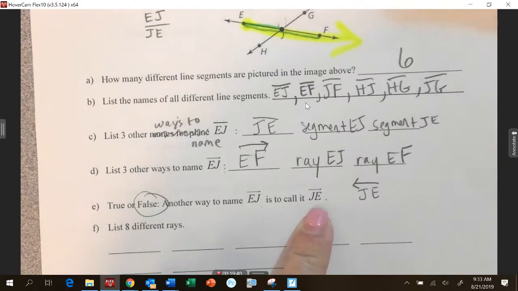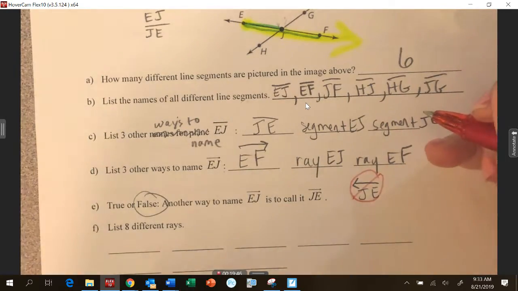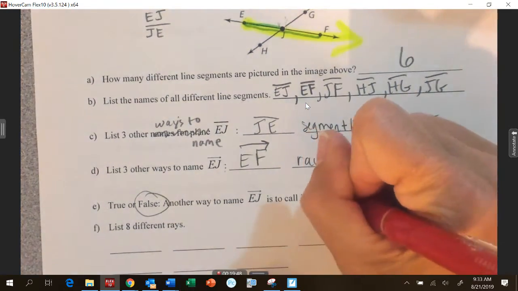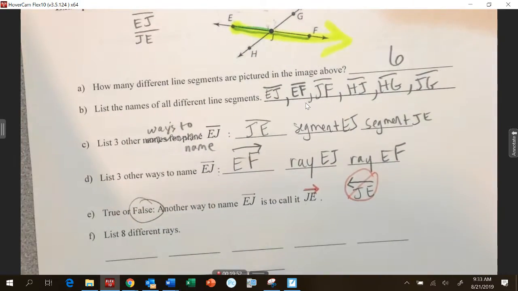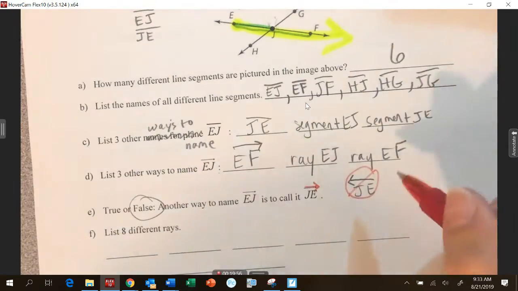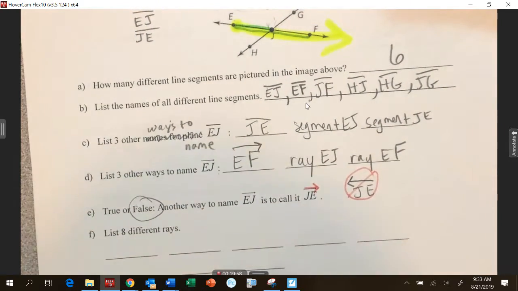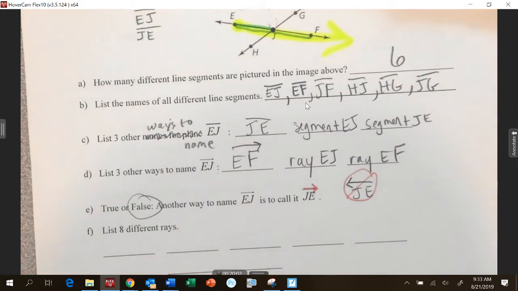As much as I want to say yes, the answer is no. And the reason why is we always write rays with the arrow pointing the way that we read. That's just how we do it. Somebody decided one year, this is how we do it. So we just don't write them that way ever. Okay? So what you do is you always list the endpoint first. So this is false.